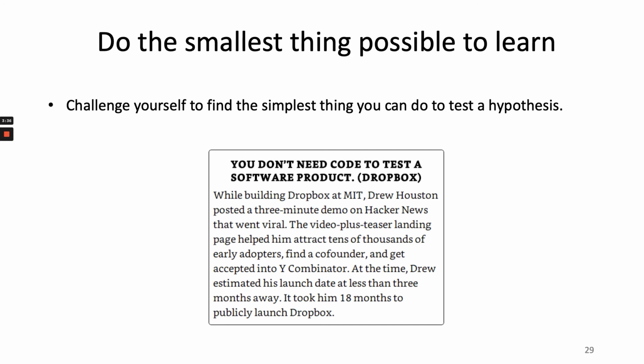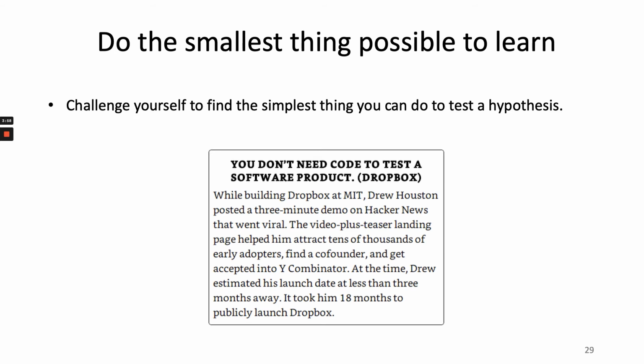There is an example from Dropbox. Dropbox is software which helps you synchronize files between computers. While building Dropbox at MIT, Drew Houston posted a 3-minute demo on Hacker News that went viral.